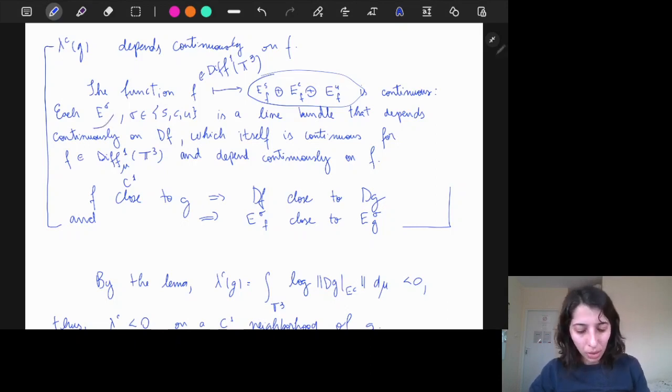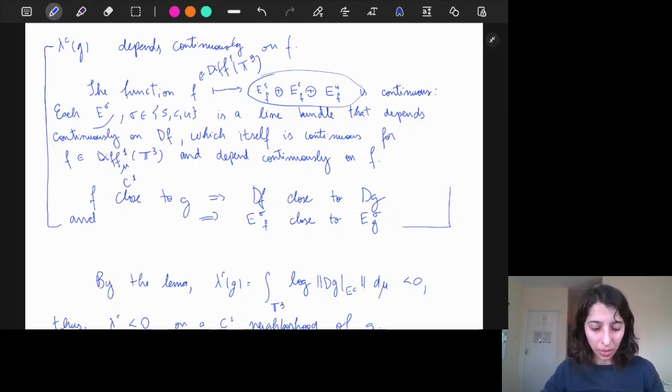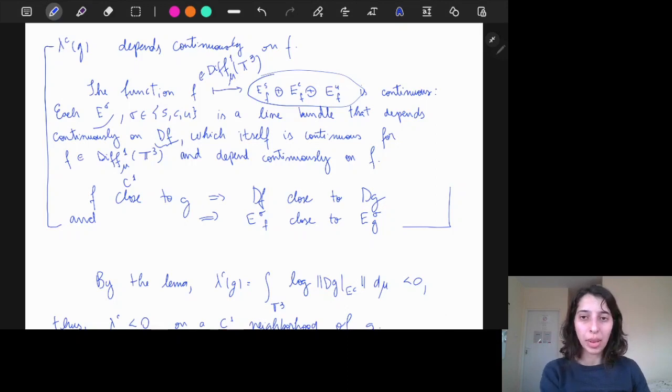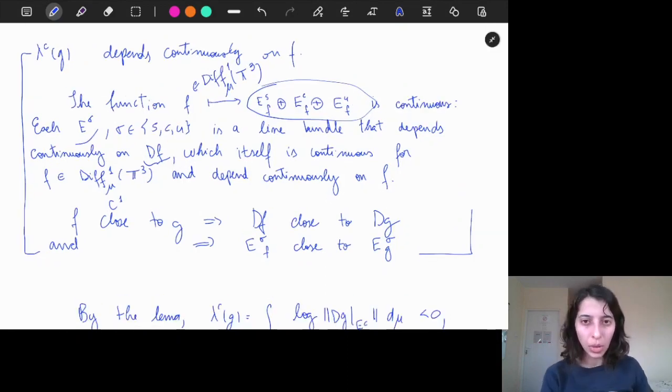Each one of these bundles is a line bundle, is one-dimensional, and it depends continuously on df. And df itself is continuous because the map is C1, and it depends continuously on f because we are in the C1 topology. If f is C1 close to G, then df is C1.